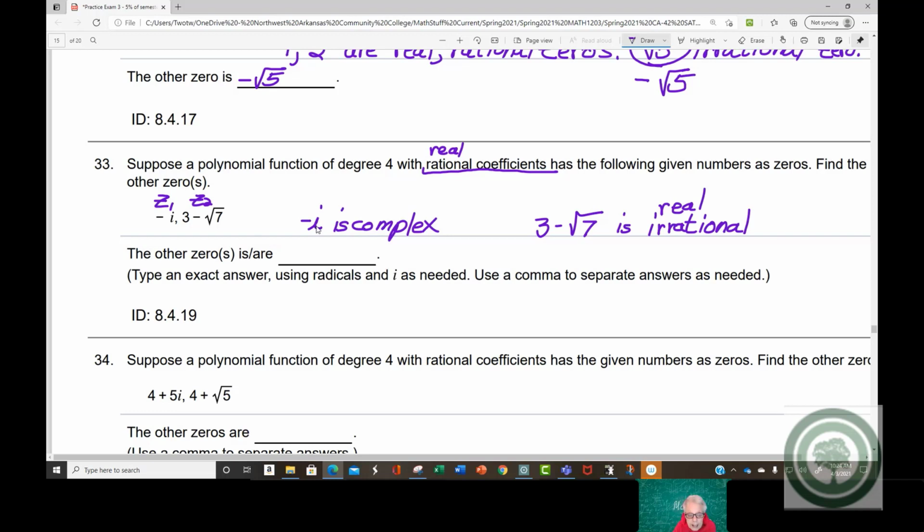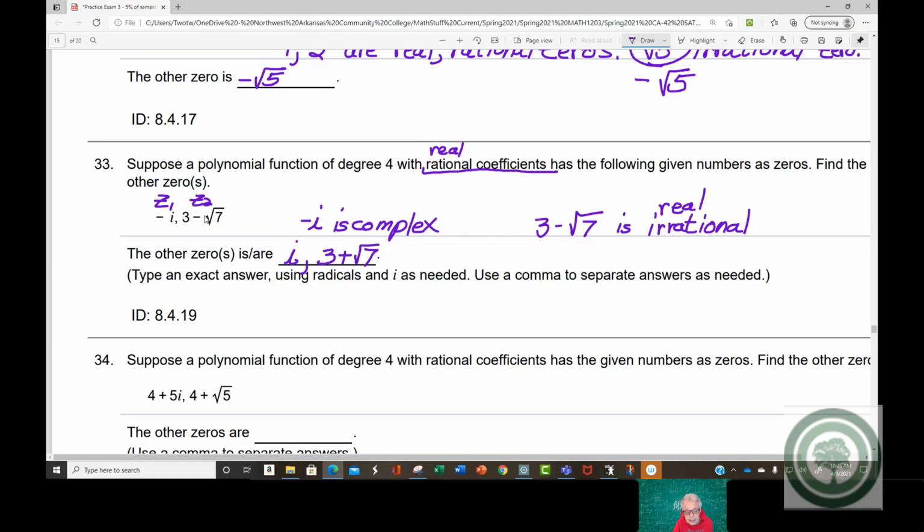So negative i has to be accompanied by i. And 3 minus the square root of 7 has to be accompanied by 3 plus the square root of 7. Negative i and i are conjugates. 3 plus the square root of 7 and 3 minus the square root of 7 are conjugates.